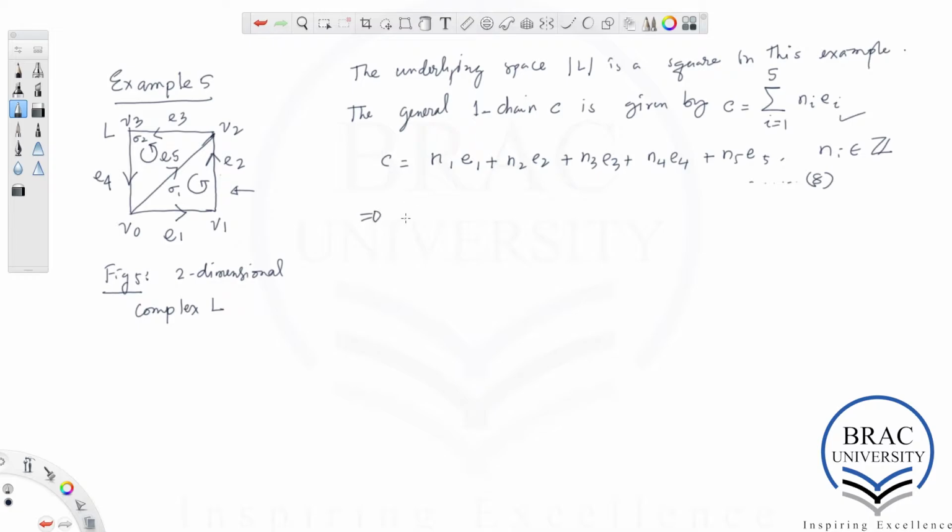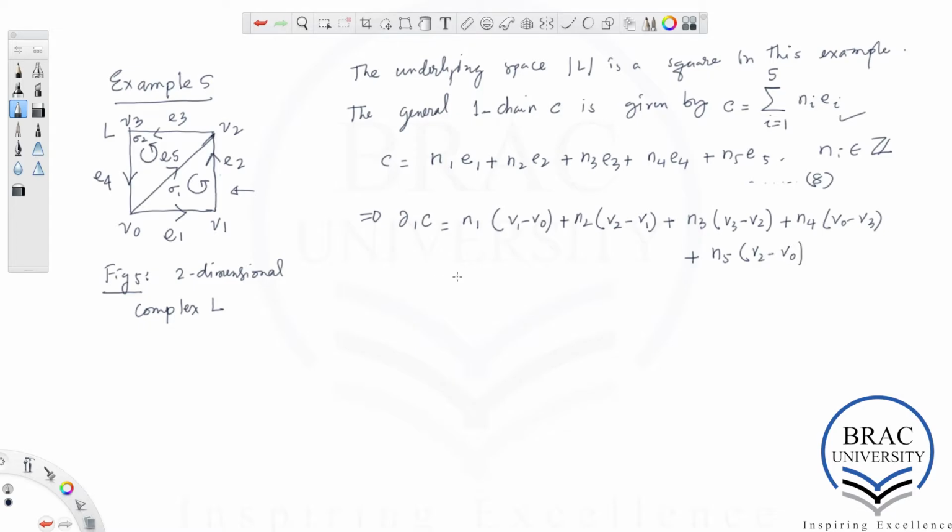So it turns out that del 1 C, which is a zero chain, is given by N1, and del 1 acting on E1 gives V1 minus V0, N2 times V2 minus V1, and N3 times the boundary of E3 is V3 minus V2, plus N4 times V0 minus V3, plus N5 times V2 minus V0.